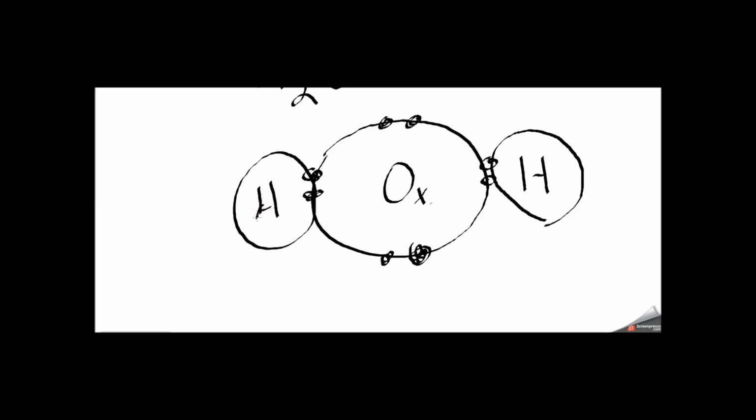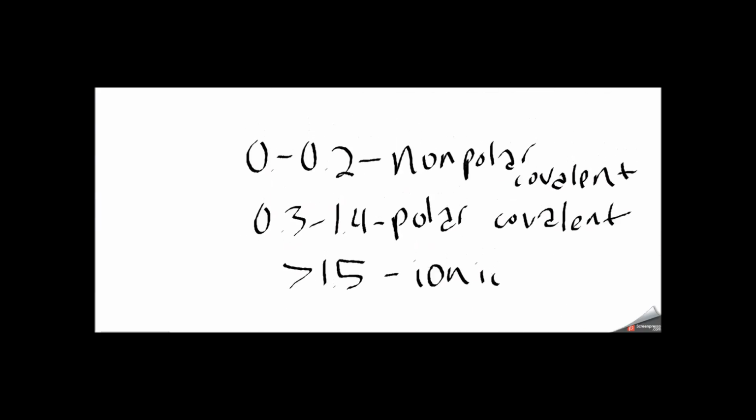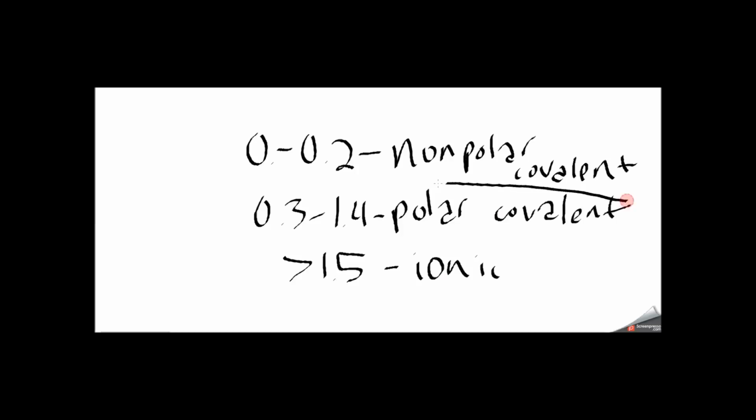But what makes it polar? If we just look at the numbers, the electronegativity of oxygen is about 3.4, and the electronegativity of hydrogen is 2.2. So 3.4 minus 2.2 equals 1.2. If we look back at our scale, that would follow polar covalent.